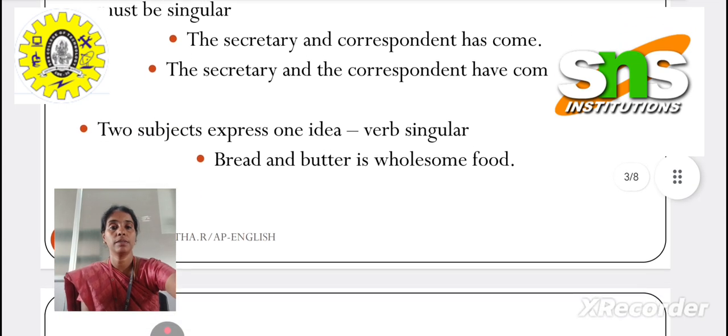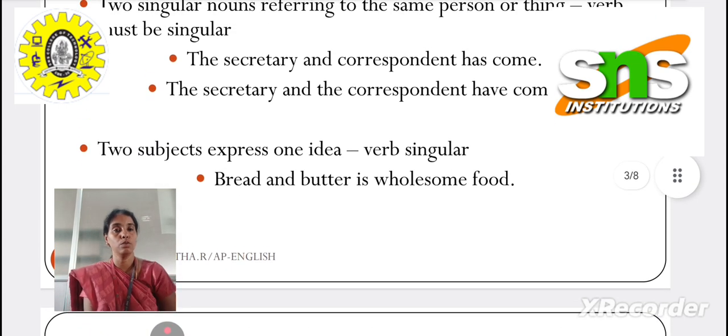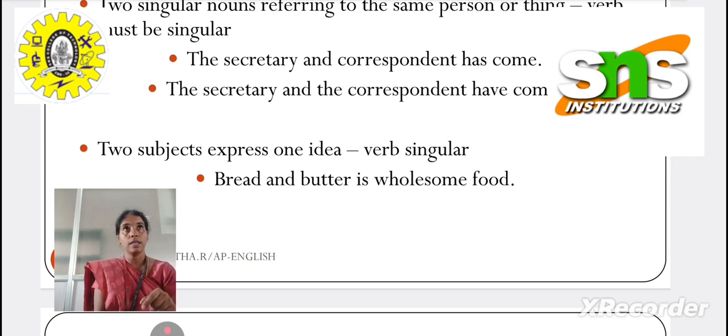Another rule is for the combination of two subjects expressing one idea. Let us explain this rule by an example. Bread and butter is a wholesome food.